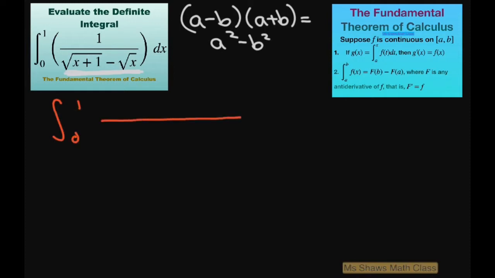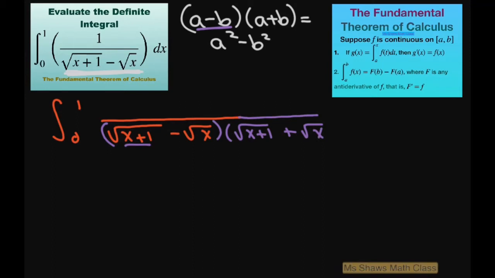So if you take your denominator, we have the square root of x plus 1 minus the square root of x, and we're going to multiply it by the conjugate. Our a is the square root of x plus 1, then you put plus, and our b is the square root of x.